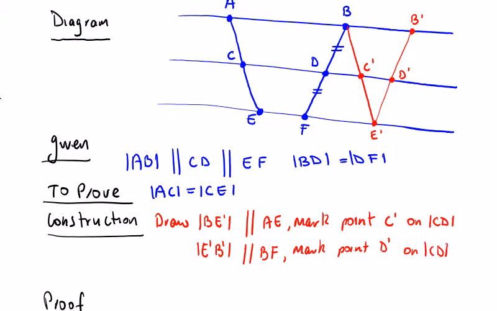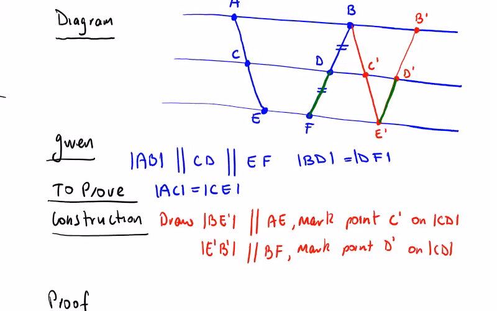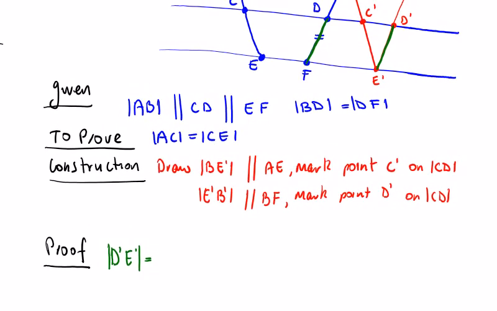So let me go over these in different colors so we can see what we're doing here. The first thing we're going to say in our proof is that this one is equal to this one because they're opposite sides of a parallelogram, which would be equal to BD because DF is equal to BD. So let's write that down. D prime E prime is equal to DF, and the reason is opposite sides in a parallelogram.